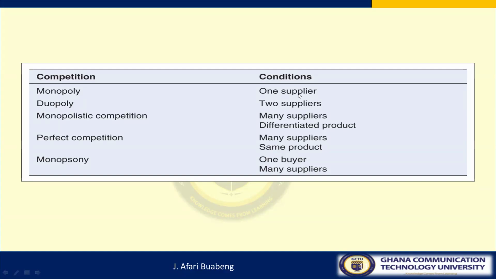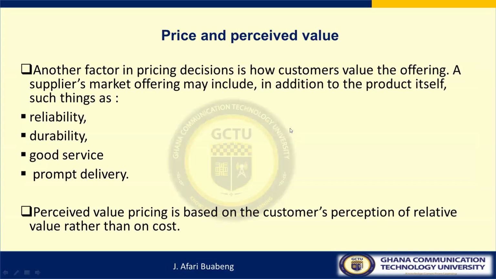So procurement without competition, in most cases, increases procurement cost. So we need to look at that. That is the first thing we just looked at: the level of competition in the market will influence the prices of goods and services. And then from there, there's what we call price and perceived value.